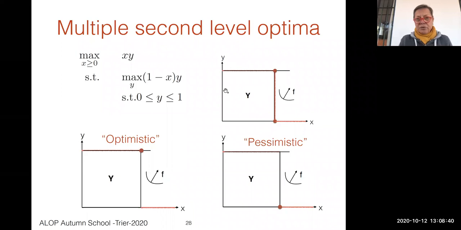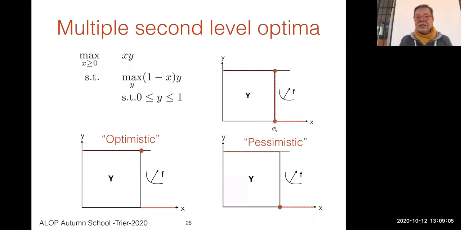So if you look at this in the graphical representation, you have x in the horizontal axis, y in the vertical one. When x is between 0 and 1, the optimal value for the second level is 1. And when x is bigger than 1, the optimal value is 0.